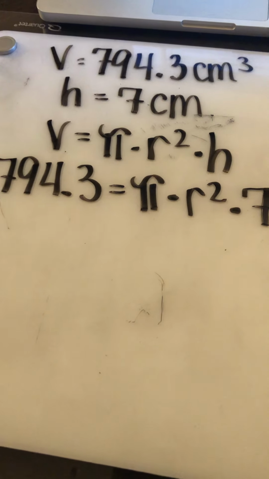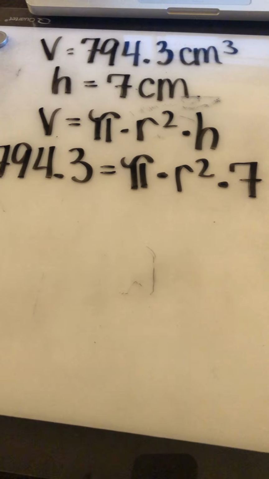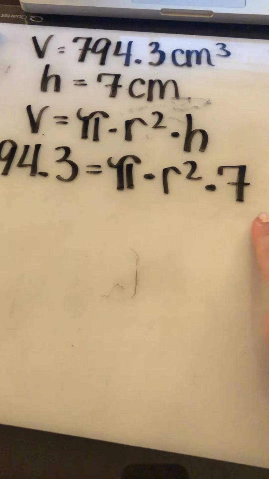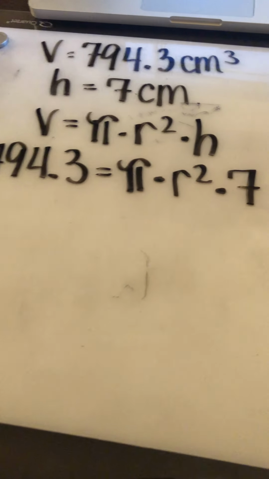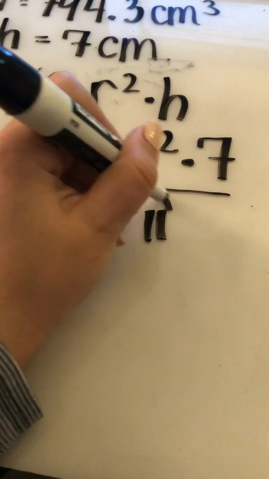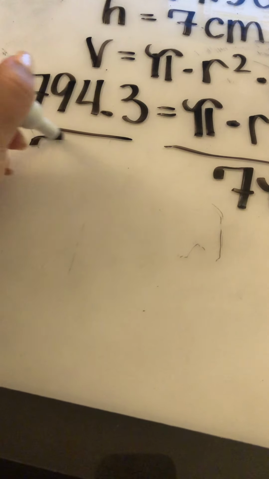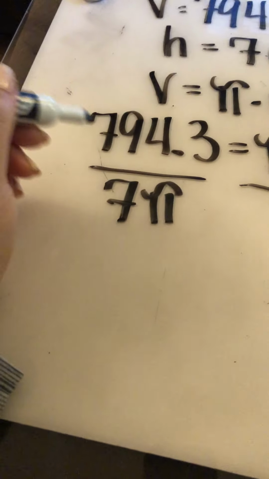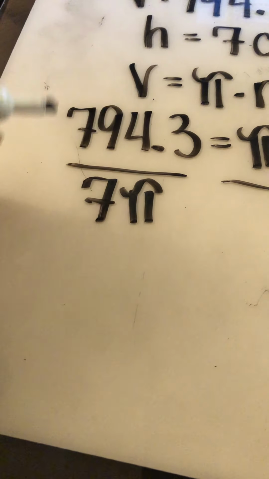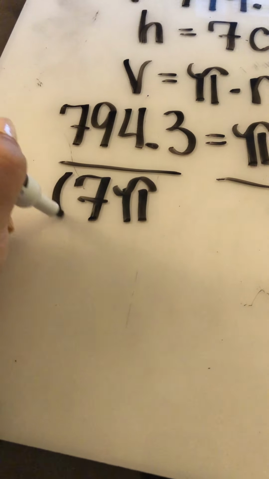Okay, so here's where it's going to be a little different this time. You can divide by 7 pi like we did before. You could totally do that, okay? If that's something you're comfortable with doing, go right ahead. The only difference this time is since pi is not here to eliminate, when you put this in your calculator, you have to put 794.3 divided by, and then you have to put this in parentheses.